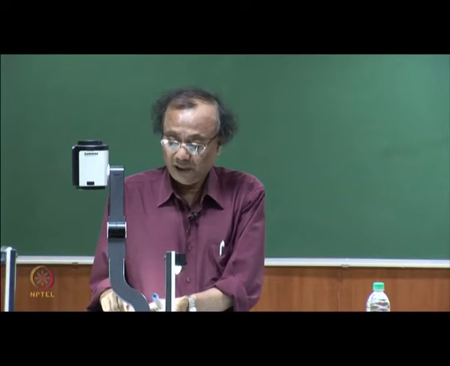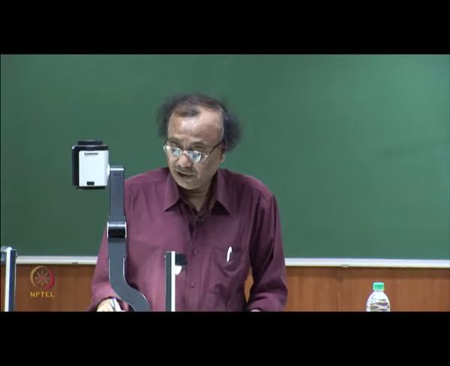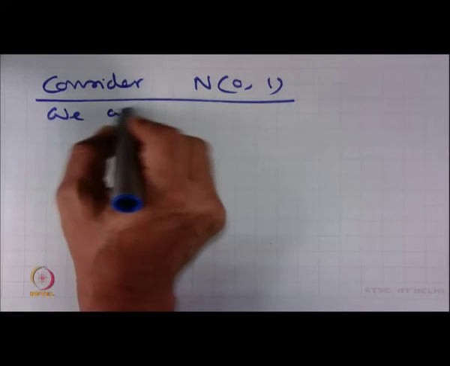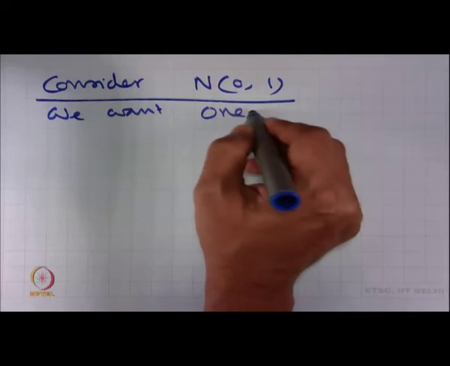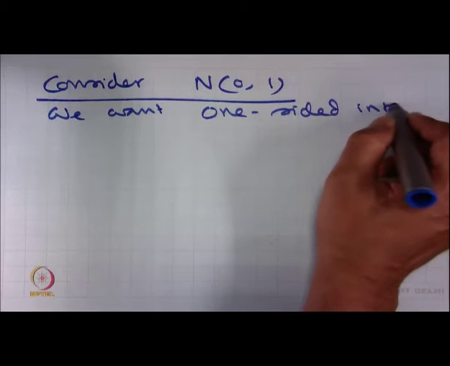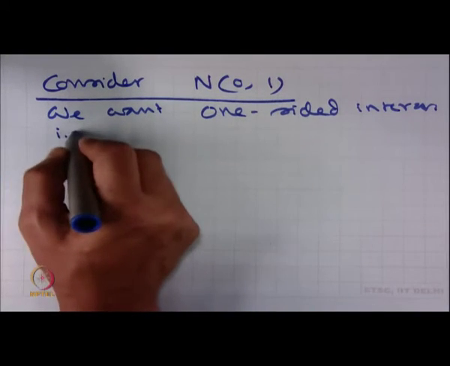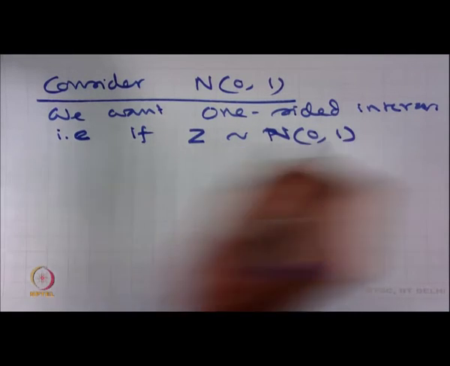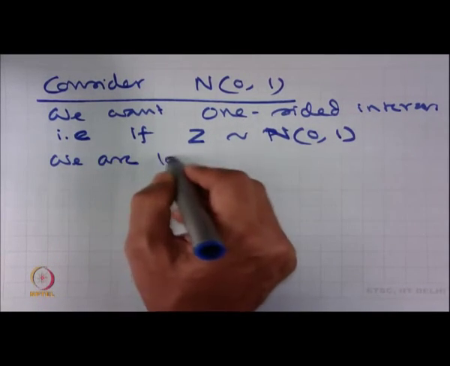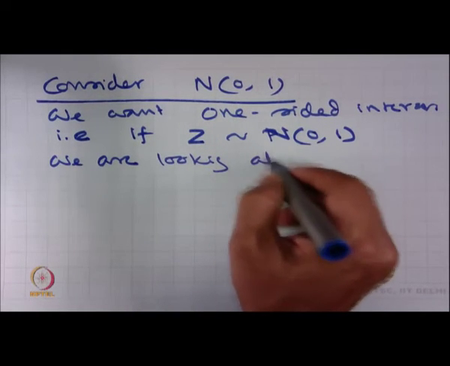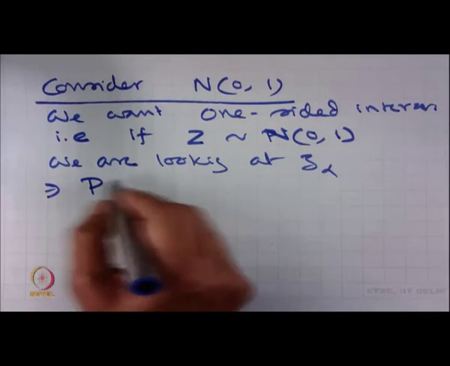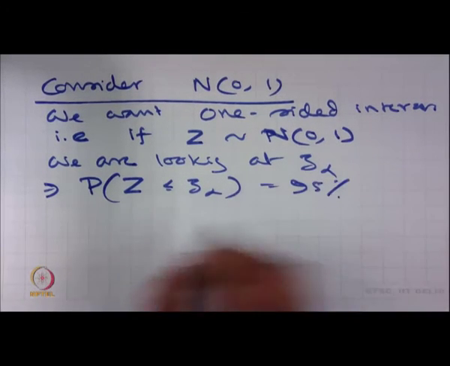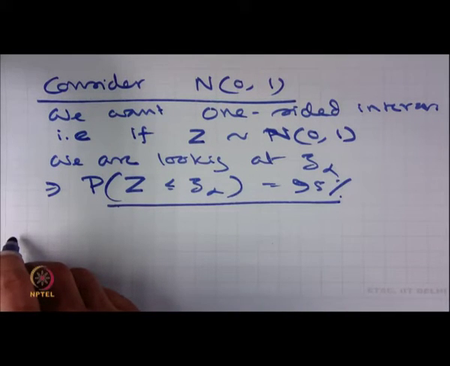If we want to take a one sided interval, say consider normal 0 1, if z follows normal 0 1, we are looking at z alpha such that probability z less than or equal to z alpha is equal to say 95%, then it is a one sided interval.